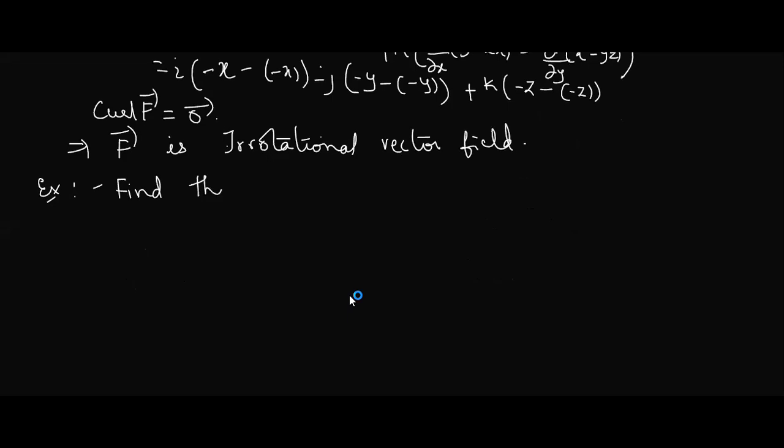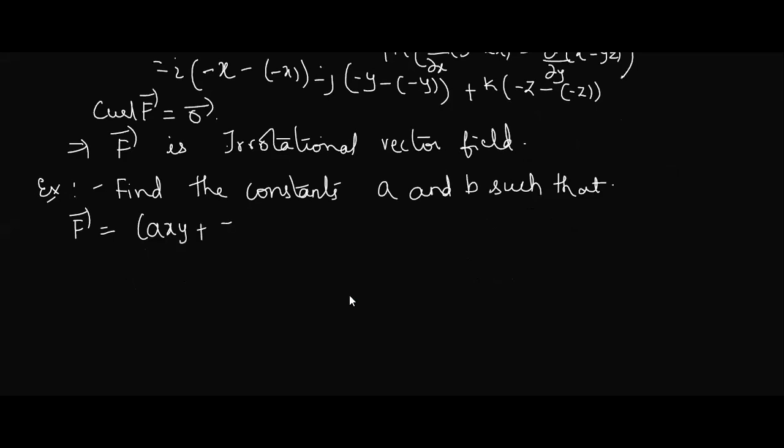Find the constants A and B such that f bar, write carefully, which is equal to axy plus z cube into i plus 3x square minus z into j plus bxz square minus y into k is irrotational.